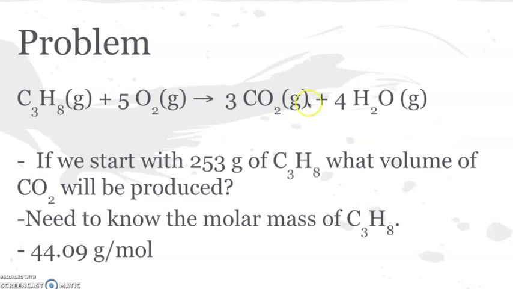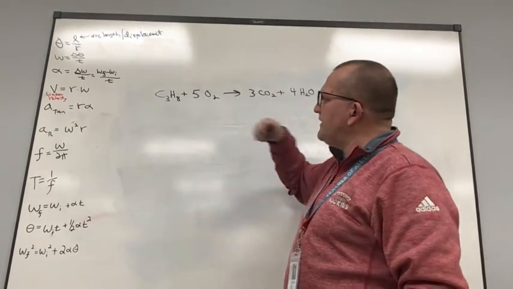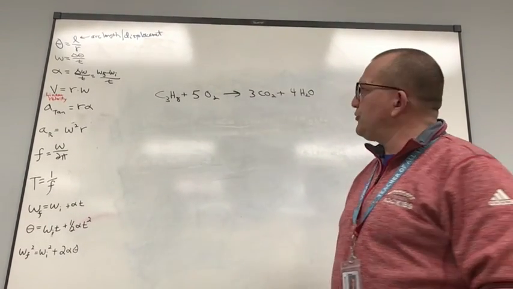Again, this equation that we've seen before. If we start with 253 grams of C3H8, what volume of CO2 will be produced? We need to know the molar mass of C3H8, which we've already calculated is 44.09 grams per mole. Okay, so come back to this reaction. These are all gases, and we'll assume they're at standard temperature and pressure.